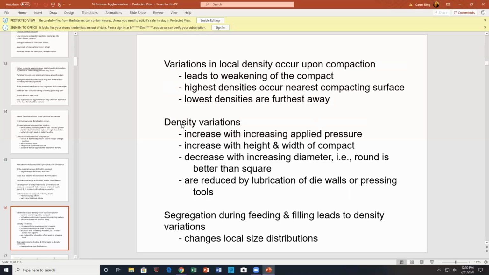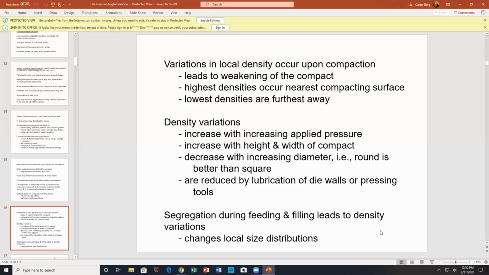And if you're looking for density variations, then you would compare the corners of the square with the center of the square. Density variations are reduced by lubrication of the die walls and the pressing tools. Also, again, you're looking for ways of getting the air out.